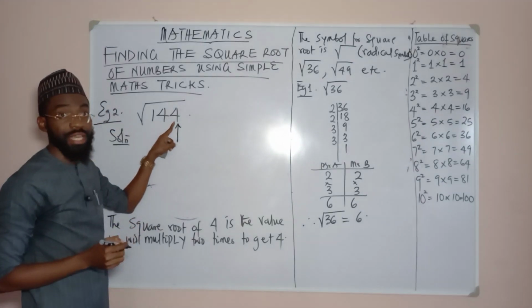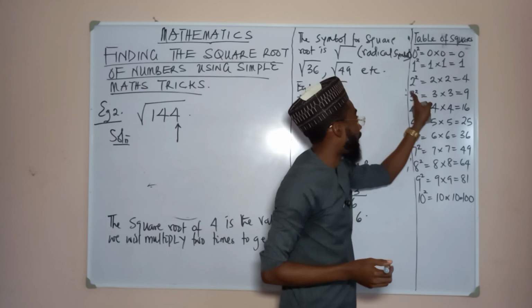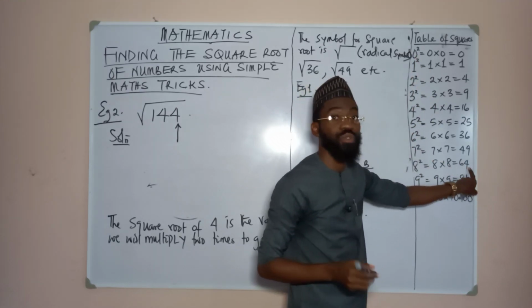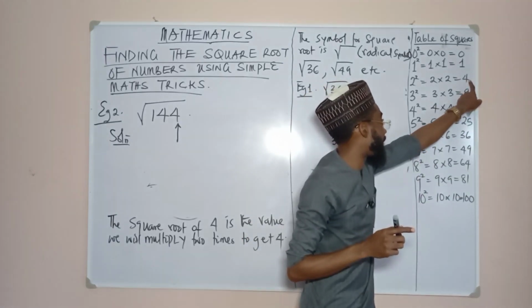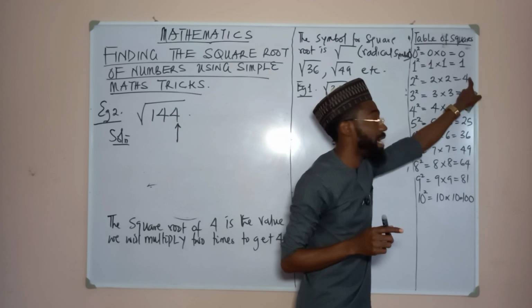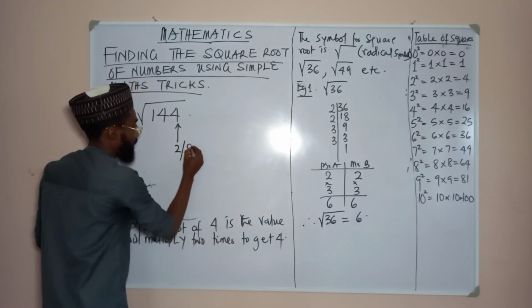The last digit here is 4. Go to your table of squares and check the number whose last digit ends in 4. And from what I can see that it is 2 and 8, that the last number ends with 4. Write those 2 numbers down, 2/8.